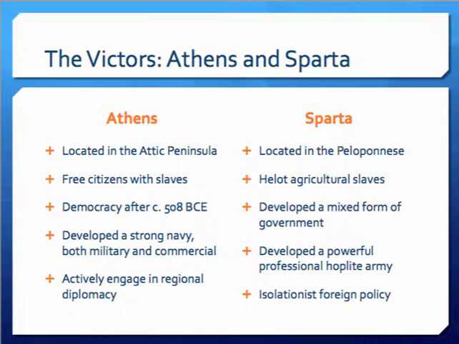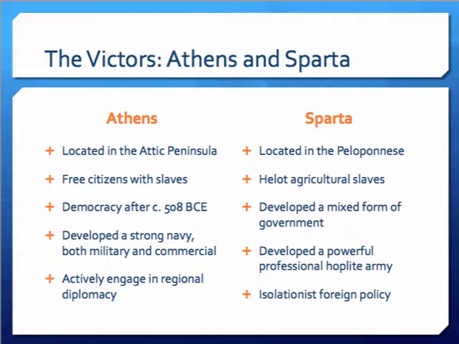And so Sparta really ends up becoming a model for government, not only taken up by the Romans, but eventually by, to some extent, the United States. They develop a powerful professional hoplite army. This is allowed, of course, because all men are free, essentially, to be in military service and not tied down by the burdens of agriculture.